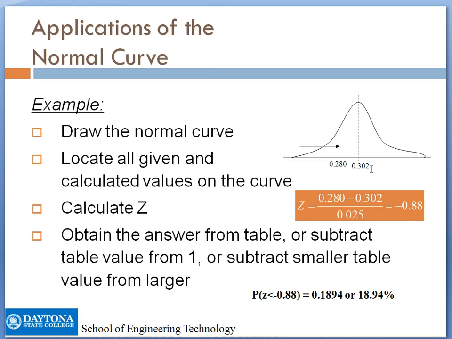Once you have this, the next step will be to calculate the z-score. And the z-score is equal to the observed value, which is 0.280, minus the mean, which is 0.302, divided by the standard deviation, which is also given in the problem. Then you're going to obtain a value of minus 0.88.